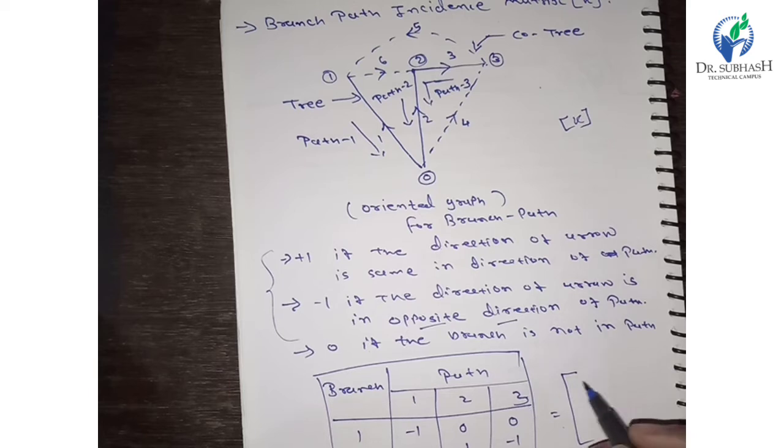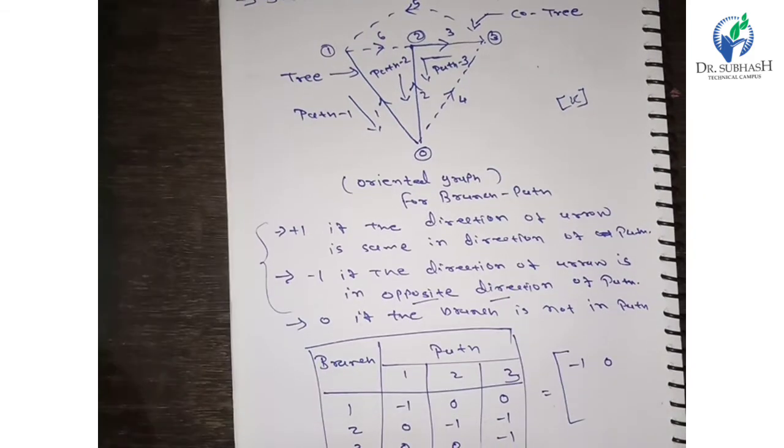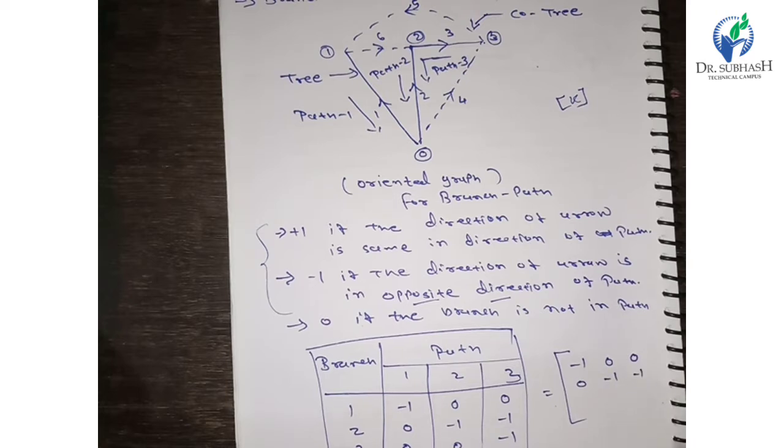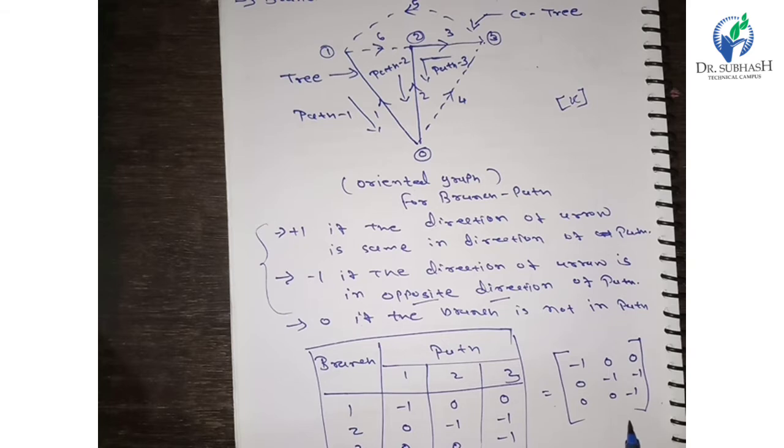Here we take values like -1, 0, -1. In the second row the values are 0, -1, -1, and the third row is 0, 0, -1.